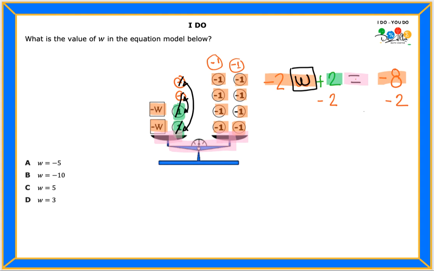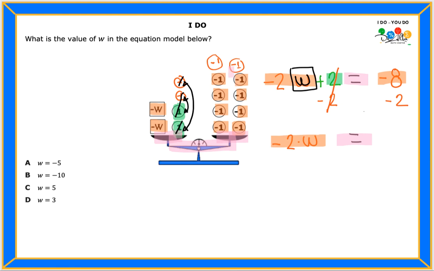Great. On the left side of the equal sign, these two will cancel because they are opposite signs with the same value. So I'm going to bring down the negative 2W, negative 2 times the W is the orange. We bring down the equal sign. This is because of the symbol that we have here.